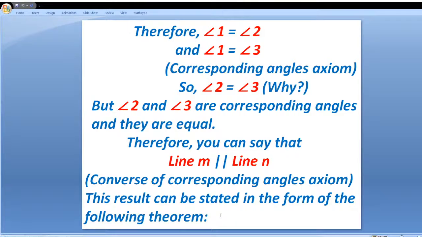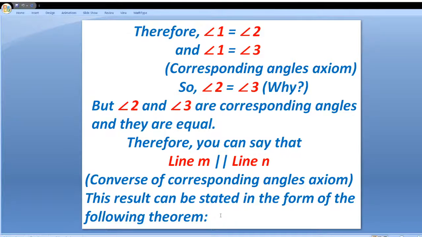Angle 1 and 3 both are equal because of corresponding angles, and so 2 and 3 are corresponding angles, because the right hand sides are equal. Therefore, M and N are parallel, by the converse of the corresponding angles axiom.